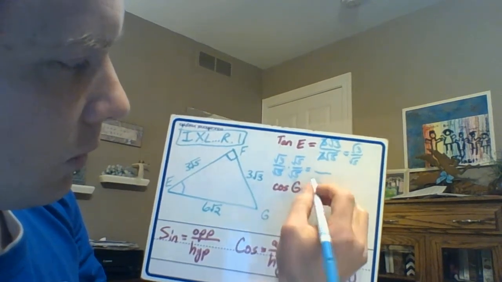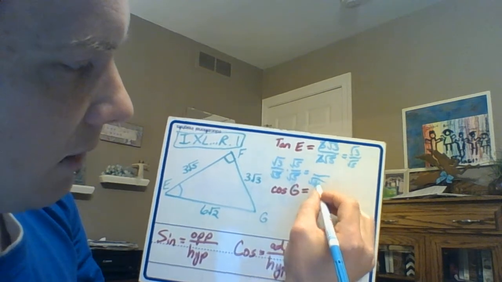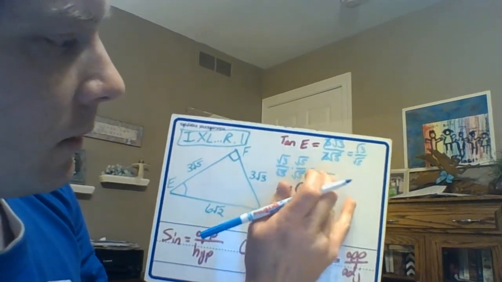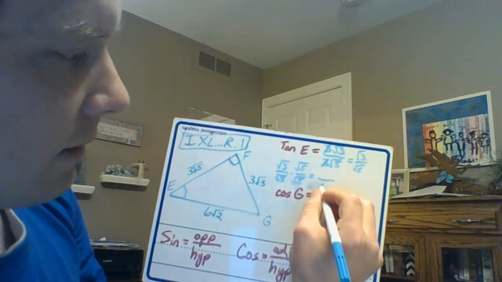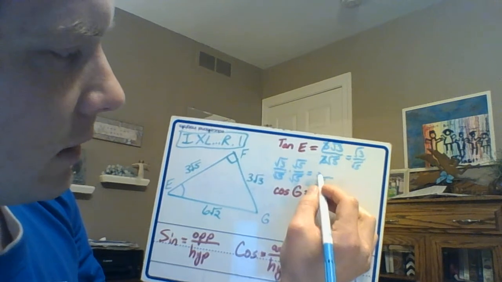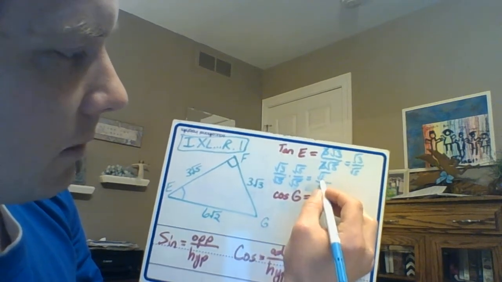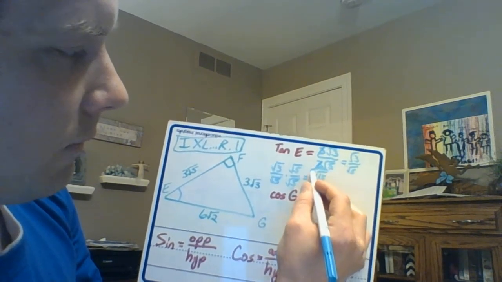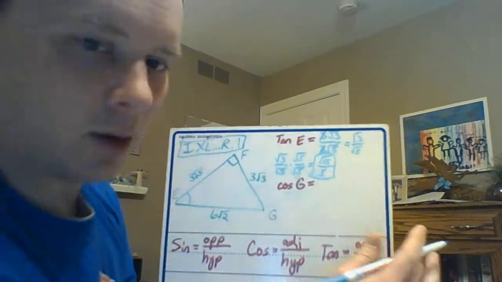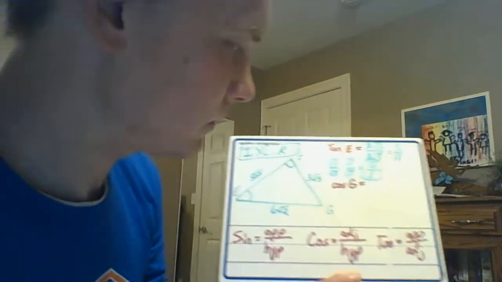That would give you the square root of 25, but we know the square root of 25 is 5. So I'm going to put 5 there. And then square root 3 times square root 5, we can take the 3 and the 5 and multiply them together and get square root of 15. So square root of 15 over 5 is the way they are going to want that one written.